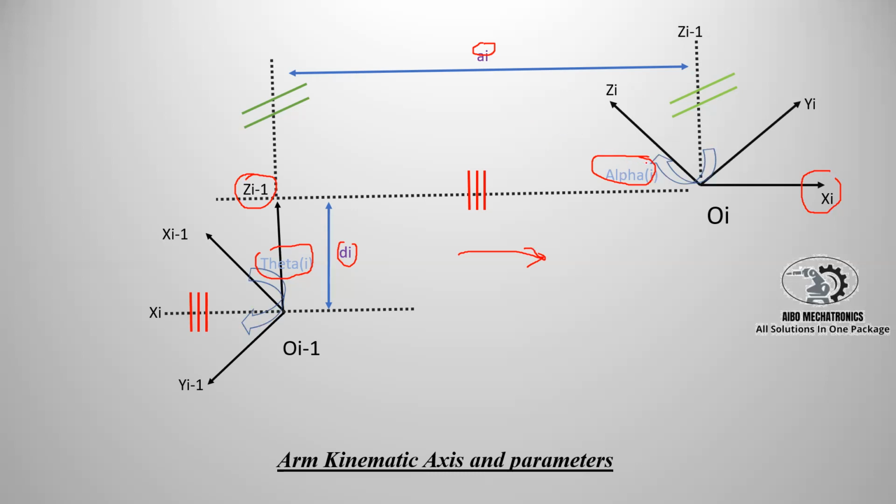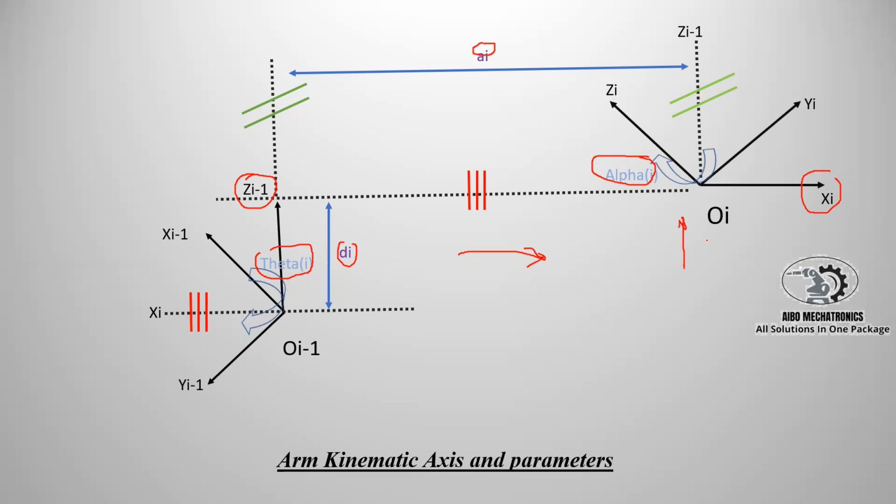What about the rotation parameters? The first rotation parameter, in clockwise direction, alpha i, is the rotation between Zi minus 1 and Zi. If you can see, we can, for example, carry this coordinate frame. This is the first frame.